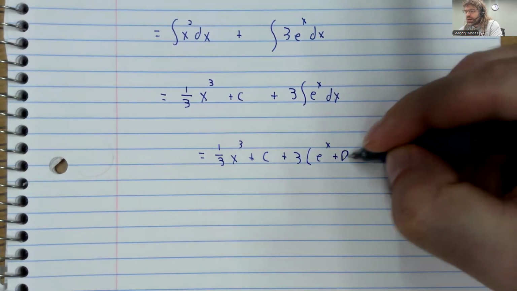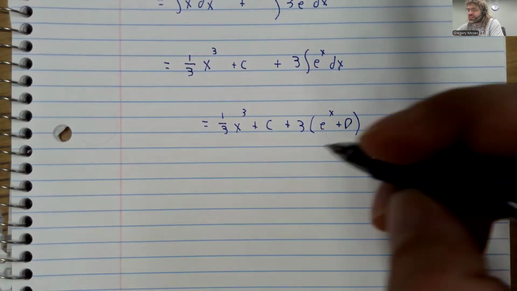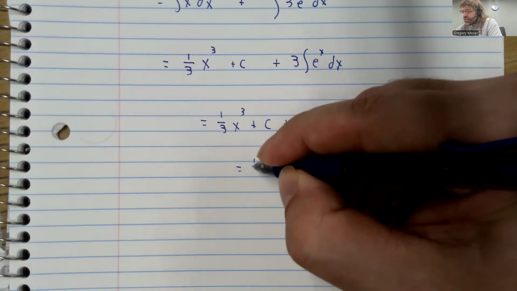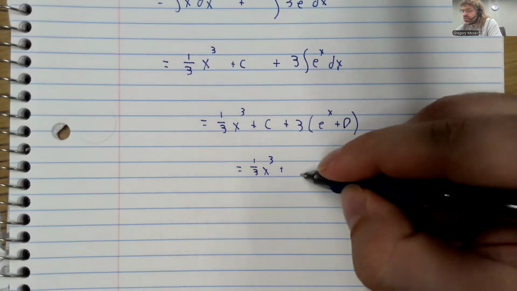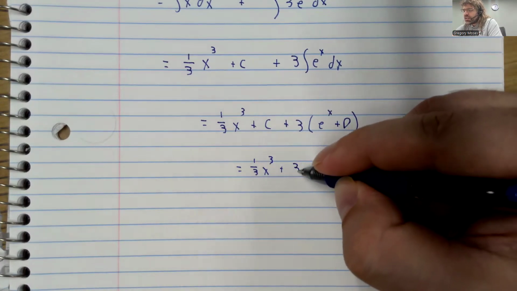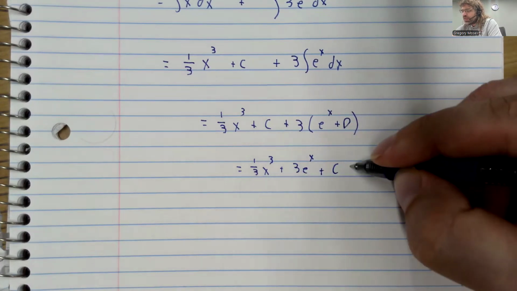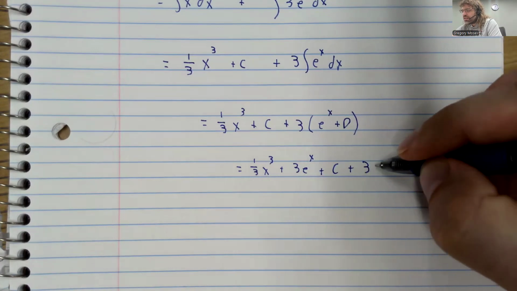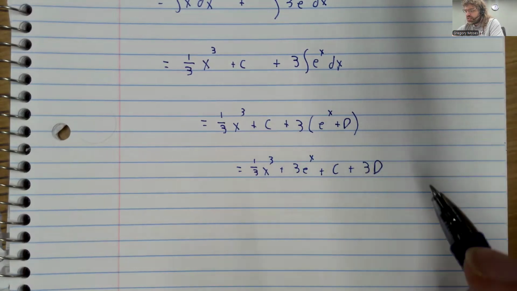And then according to what I've said, we ought to have a constant of integration. We've already used c, so we use d instead. And we get 1/3 x cubed plus 3 e to the x plus c plus 3 times d, except not really, not exactly.